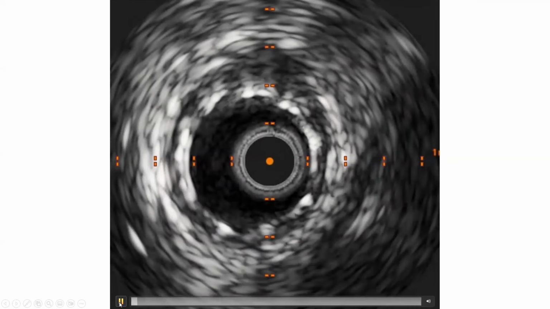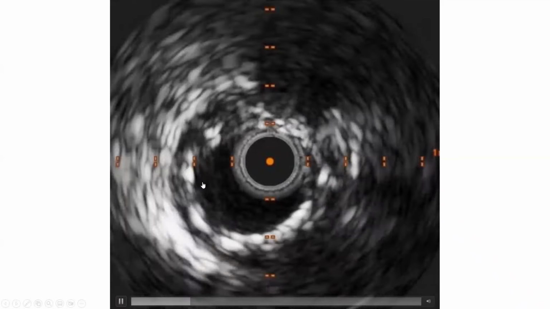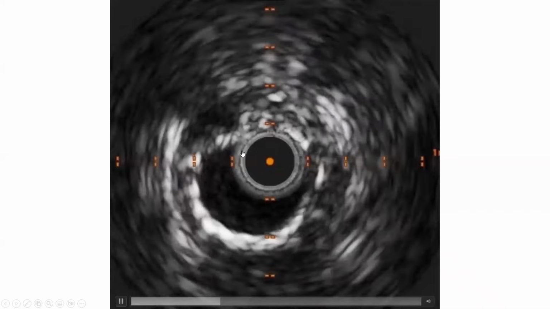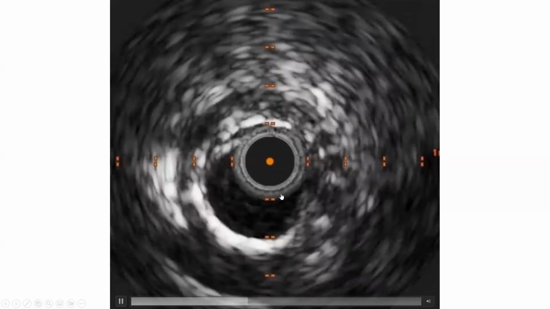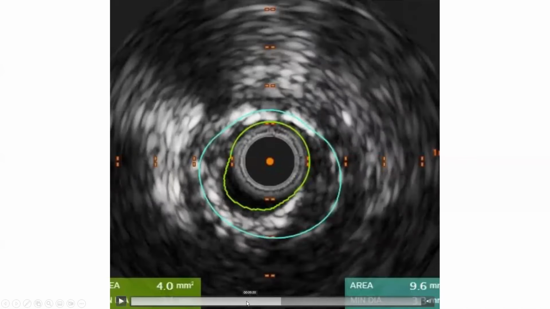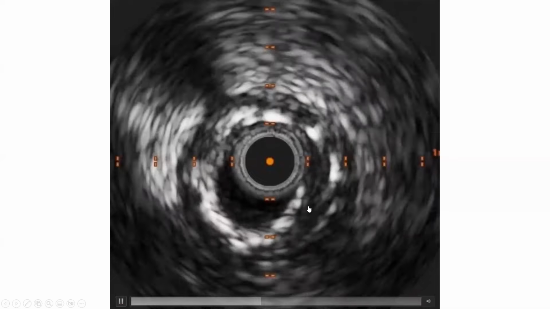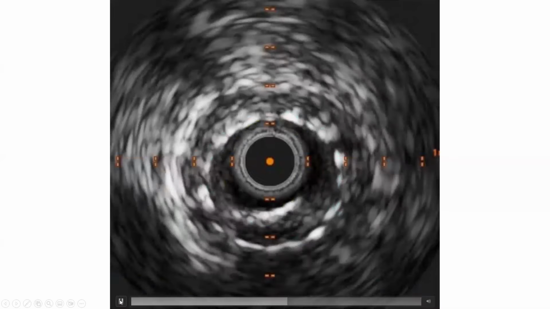And this is the IVUS run distally to proximally. So you can see the stent struts. Not much neoatheroma here distally. And now you start seeing the neoatheroma. Then you see calcium inside that neoatheroma.